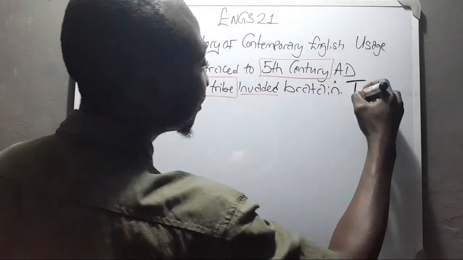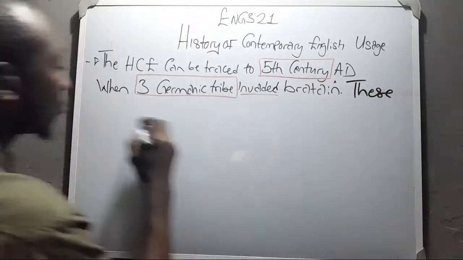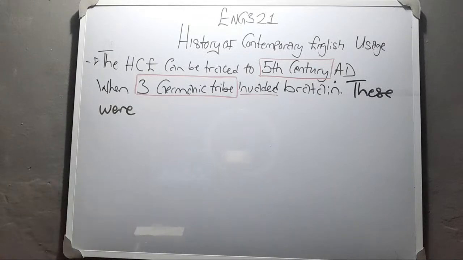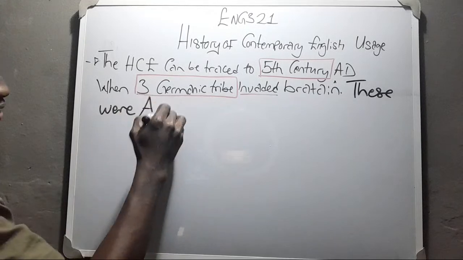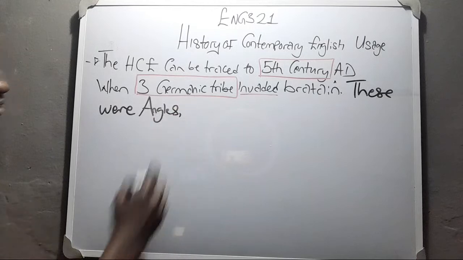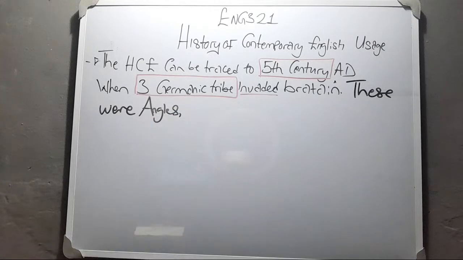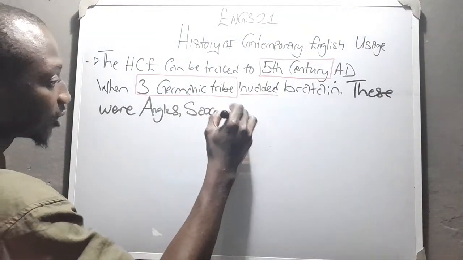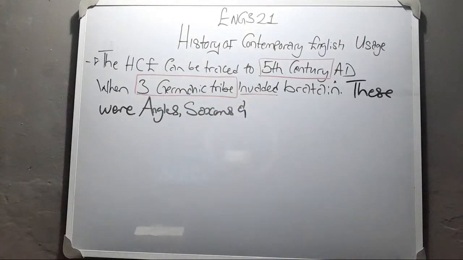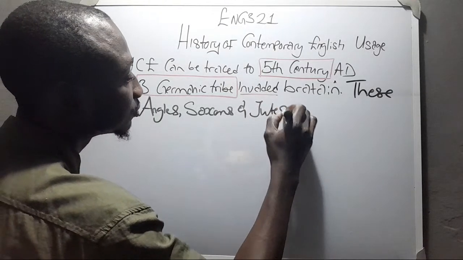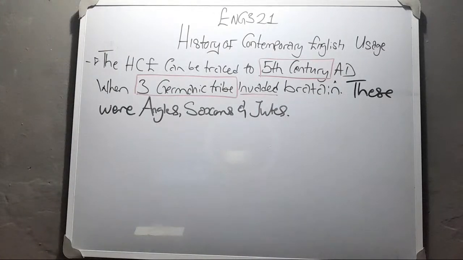These tribes were, now you are mentioning the names of the tribes, Angles, Saxons, and Jutes. Now, you can see the progression.